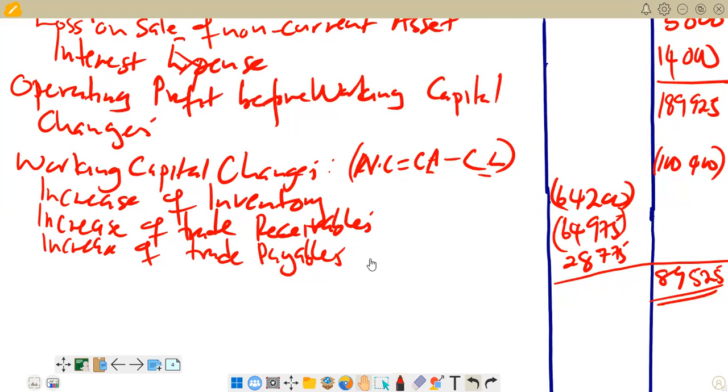So this is the figure that we are going to carry in the statement of cash flow under operating activities, a positive of 89,525. So this figure is cash generated from operations. This figure is going to go as cash generated from operations.